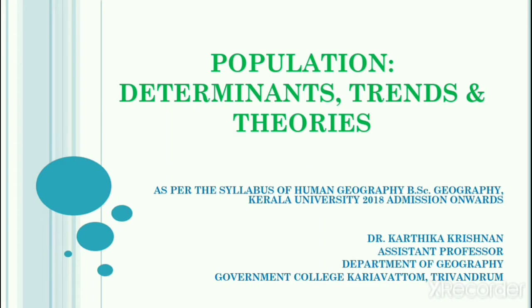An important barrier to the achievement of this goal is our current population. Hence, in today's human geography, we will be discussing population as the major factor. In this session, we discuss the major determinants, trends, and the theories pertaining to the world population.